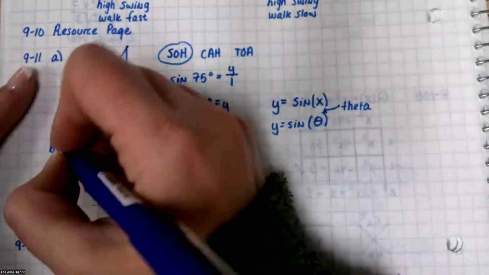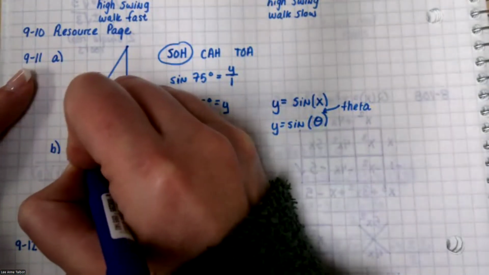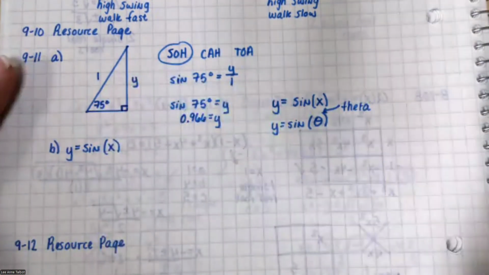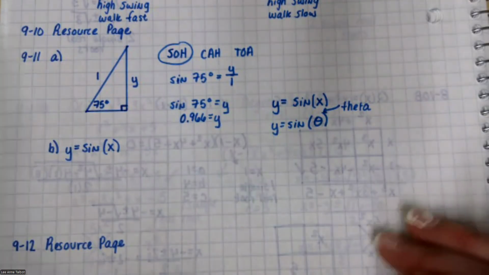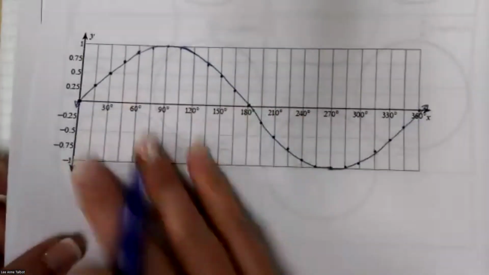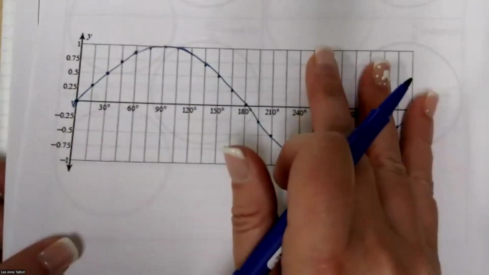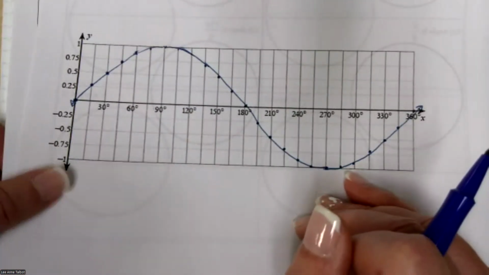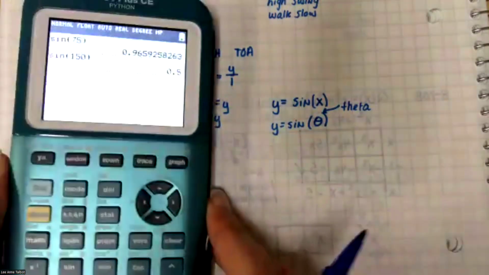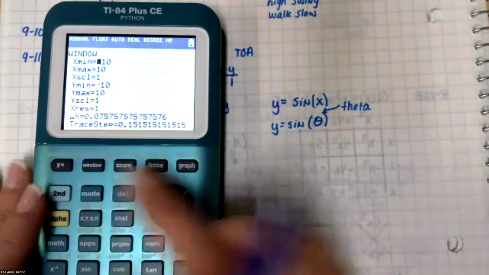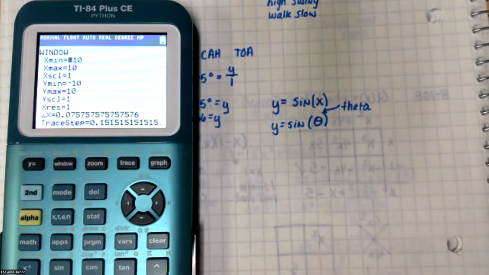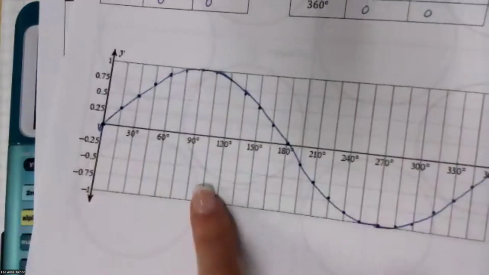Okay, so for B, I want to graph it on the graphing calculator together. But we need to work on our window. So what I want to do is take the window of this and make it match my graphing calculator. So if you hit the window button, which is right next to the y equals, we want to make these things match the window of this.